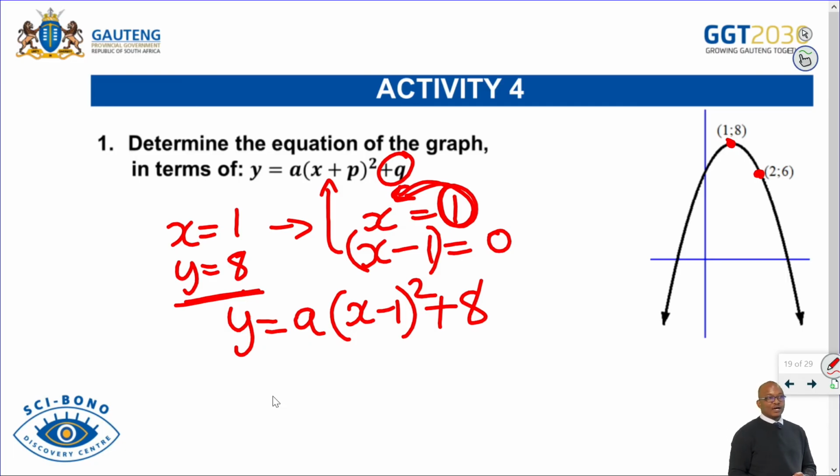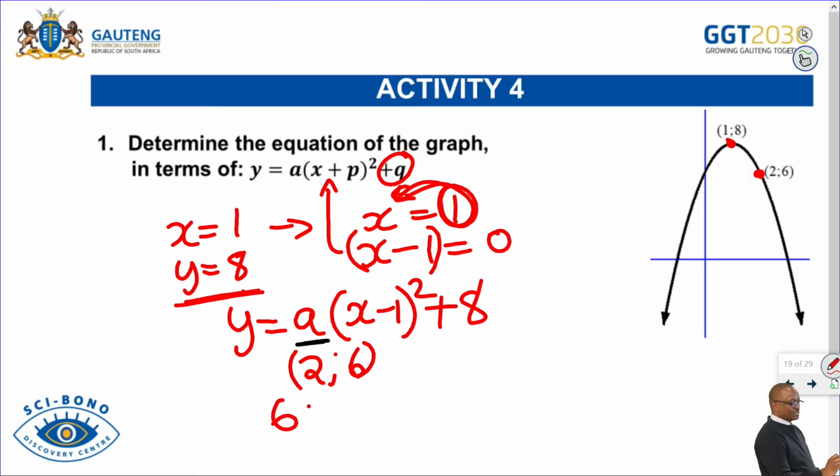Correct. So now, 1 point on the graph is there for us to determine the value of what? Of a. So remember the point there is 2 and 6. So where there is y, we put 6, and where there is x, we put 2 minus 1 squared plus 8.